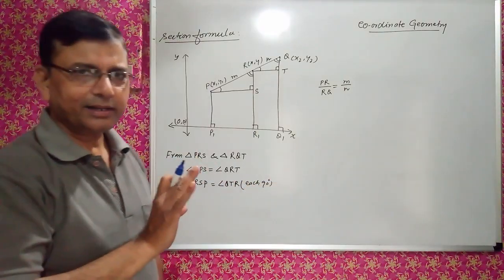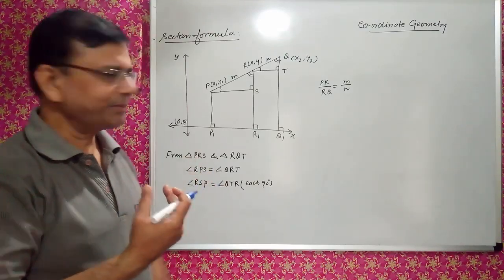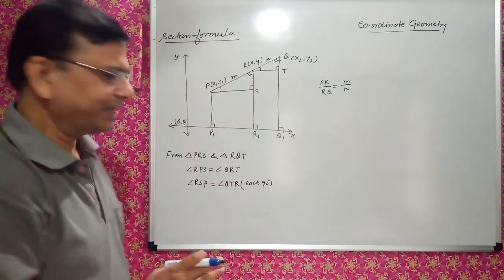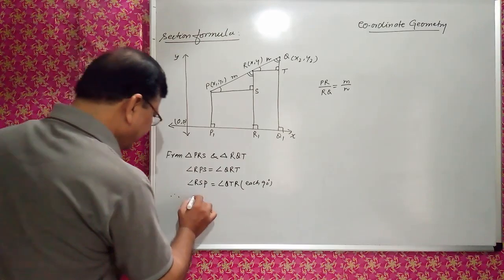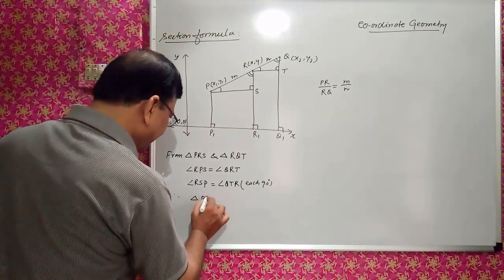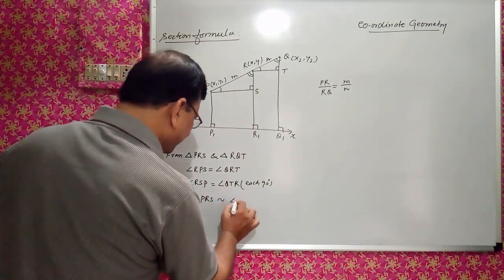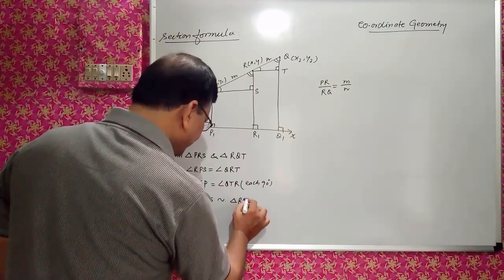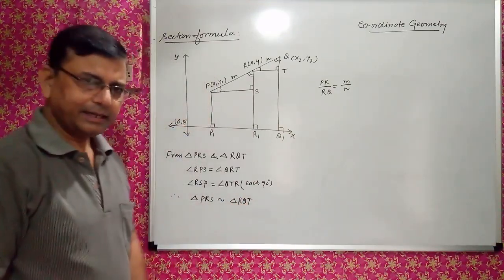Two angles are equal, then the triangles will also be similar because the third angle will automatically be equal. Therefore, triangle PRS is similar to triangle RQT, isn't it?